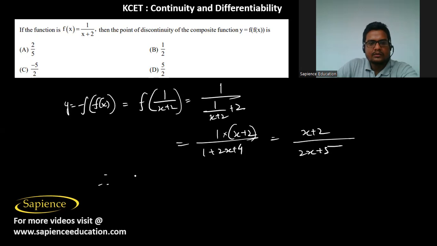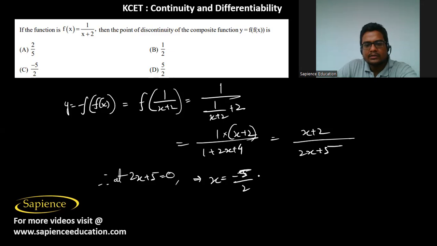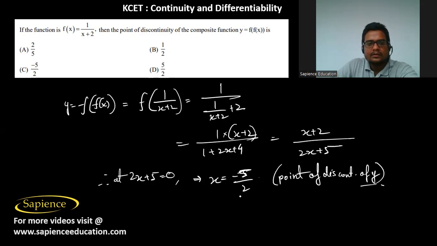So at 2x plus 5 equal to 0, it will be the point of discontinuity. So it means that x is equal to minus 5 by 2, the point of discontinuity of y. So option C is the correct answer.